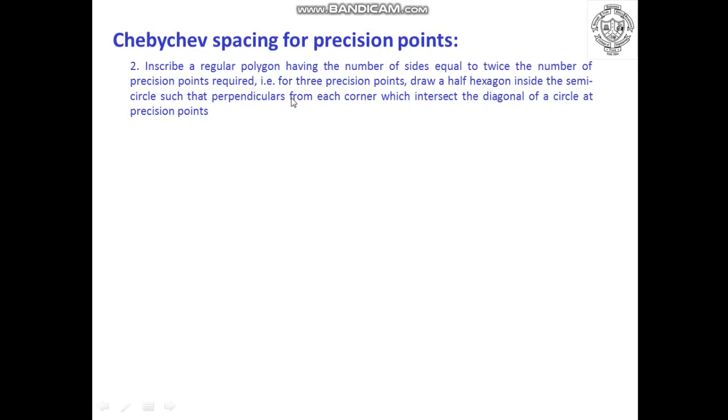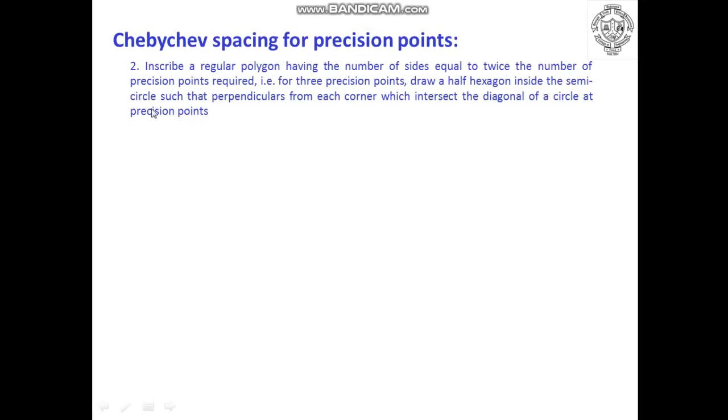So suppose the number of precision points is 3, so we have to inscribe a half hexagon inside the semicircle.